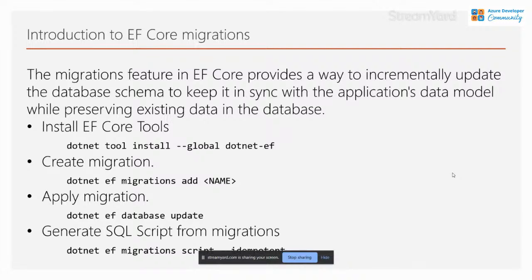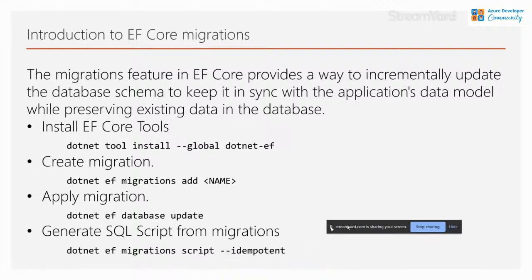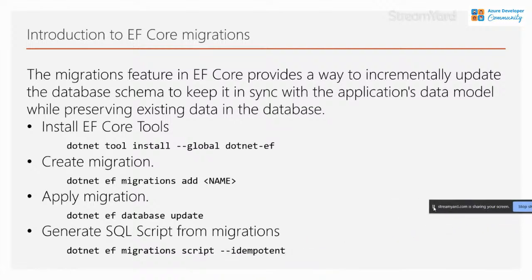Then when you run dotnet ef database update, whatever migrations we created so far will be applied to the database. And there is another command, which is dotnet ef migrations script.